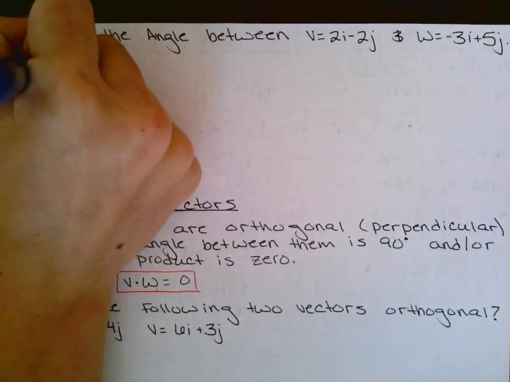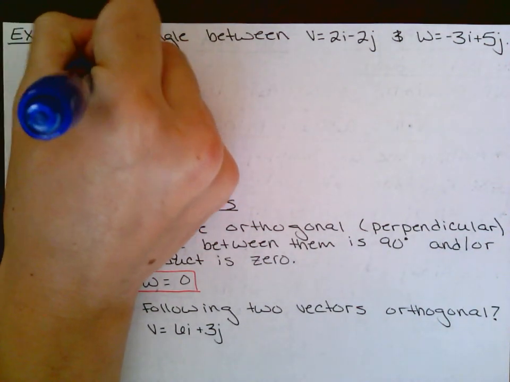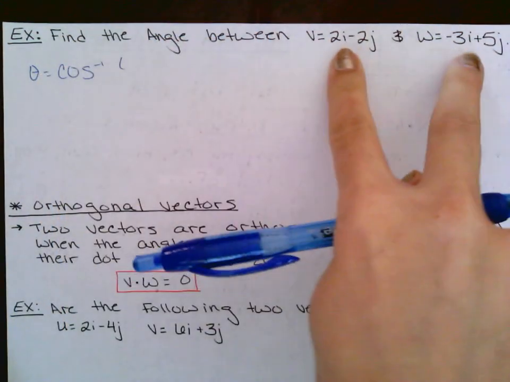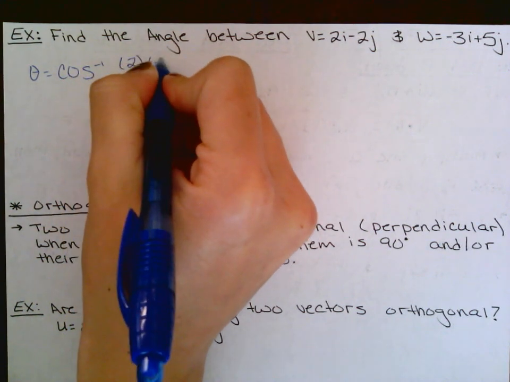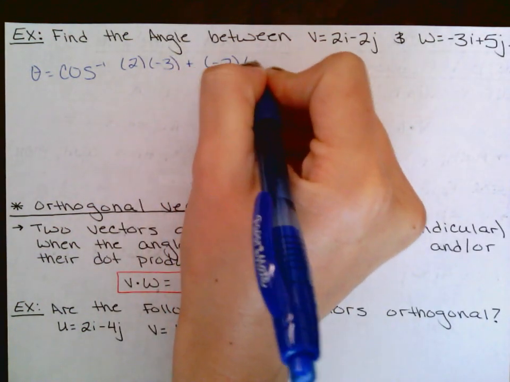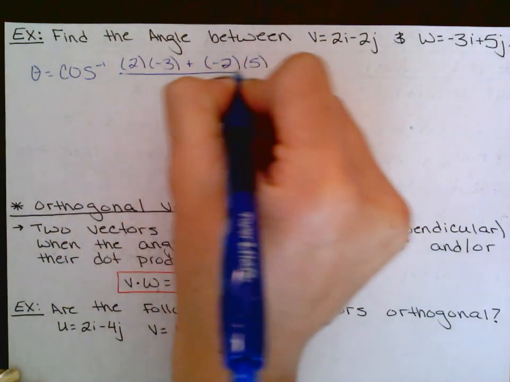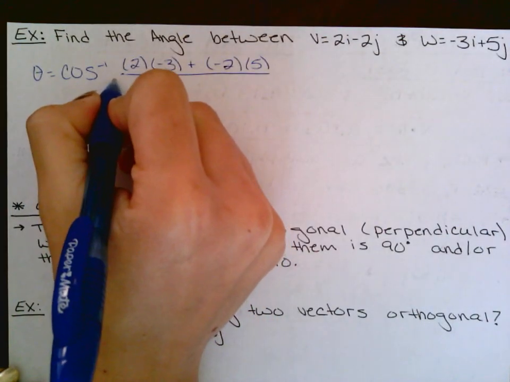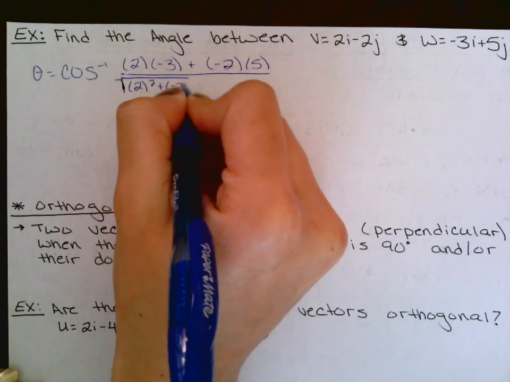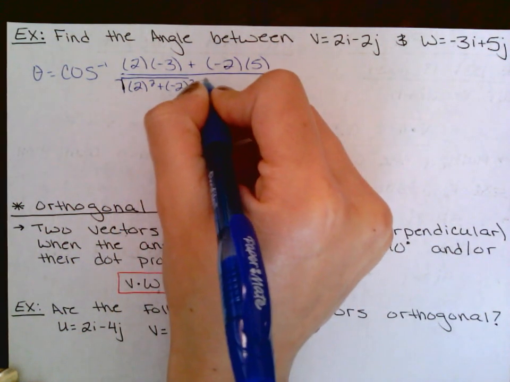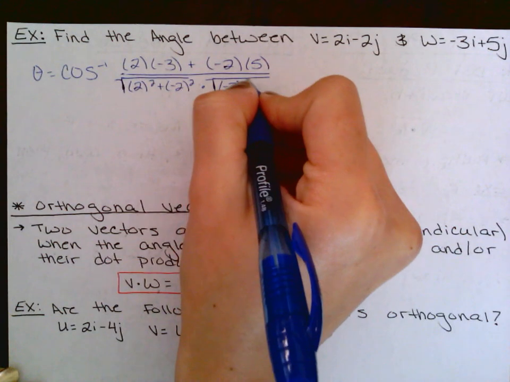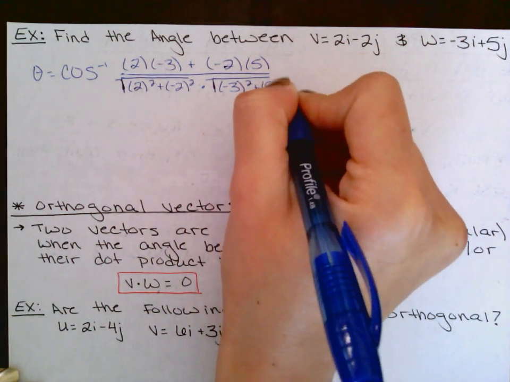Okay, so theta is equal to inverse cosine of, I have my dot product, so I have the two numbers in front of the i's, 2 times -3, plus my two numbers in front of my j, -2 times 5, over the magnitude of v, square root of a squared plus b squared, don't forget those parentheses, times the square root, now I'm going to do the magnitude of w, -3 squared plus 5 squared.